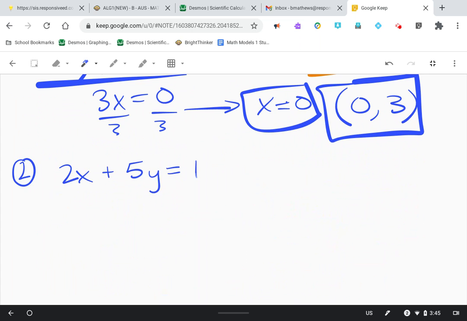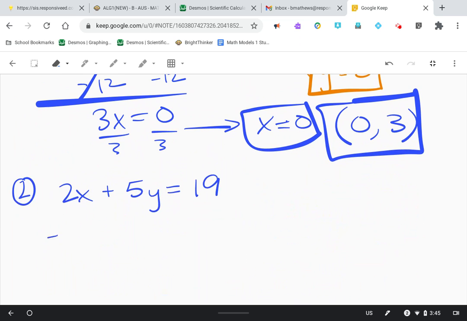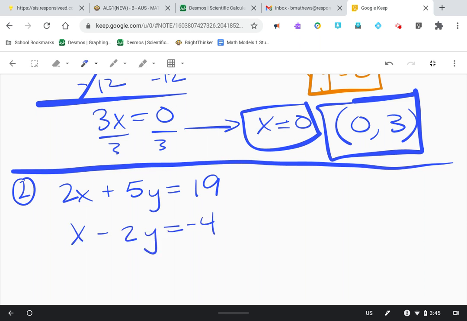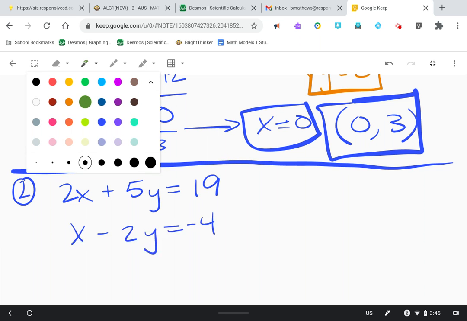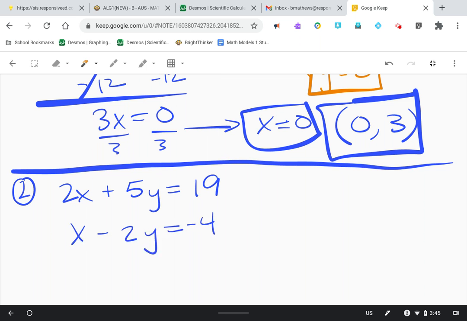5y is 19 and not negative. X minus 2y equals negative 4. So this one's a little different in that I think you actually don't need to multiply both things. You can just multiply the second by negative 2.